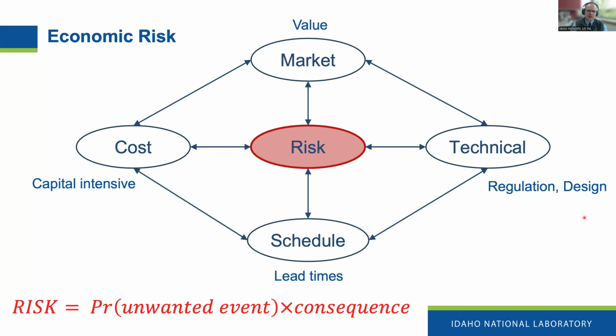Or if we're talking about schedule risk, the unwanted event would be that the nuclear construction takes longer to build than what we planned on. Or if we're talking about technical risk, the technical risk would be that the design is not ready when we thought it was going to be ready. Or if we're talking about market risk, maybe the unwanted event is that the economic conditions where you're going to operate the power plant are different than what you expected when you were doing the analysis. Okay, so those are all ways to think about probabilities of the unwanted event. But then consequence comes along.